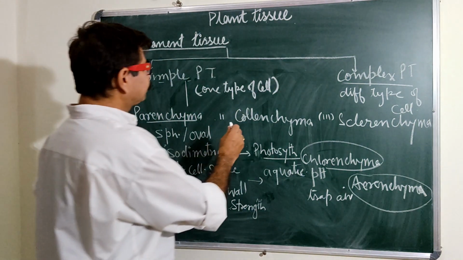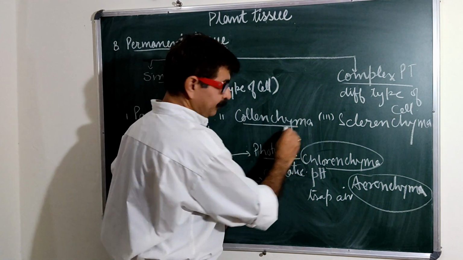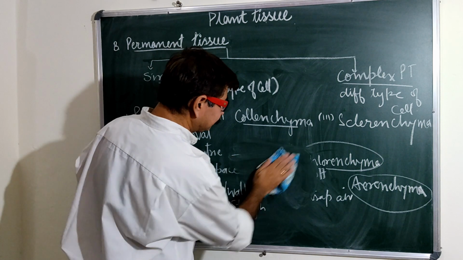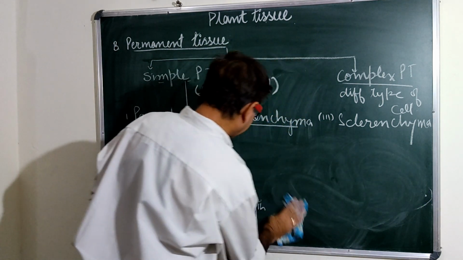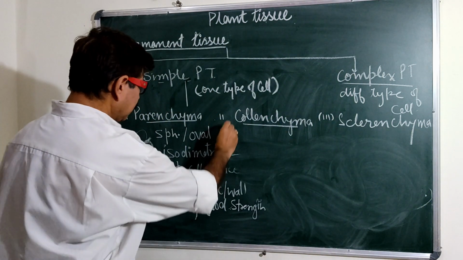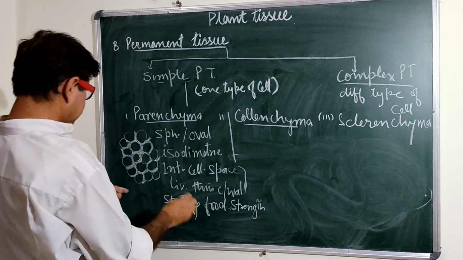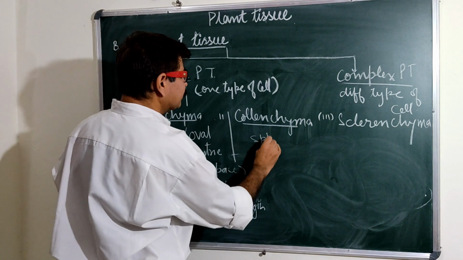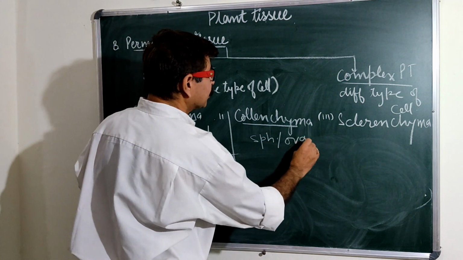Next tissue is collenchyma. Collenchyma is also a similar kind of tissue. Yes, they may be spherical or oval in shape.